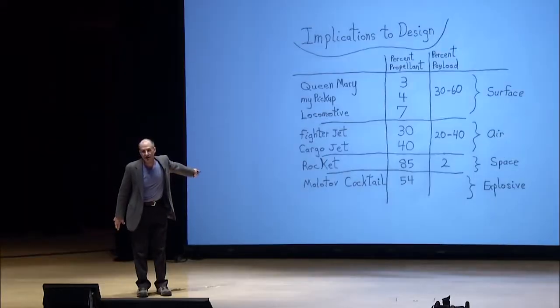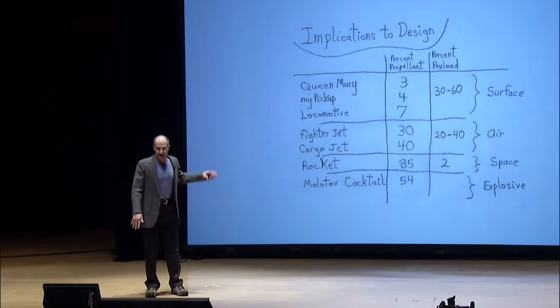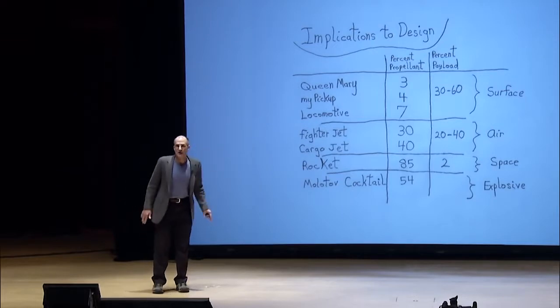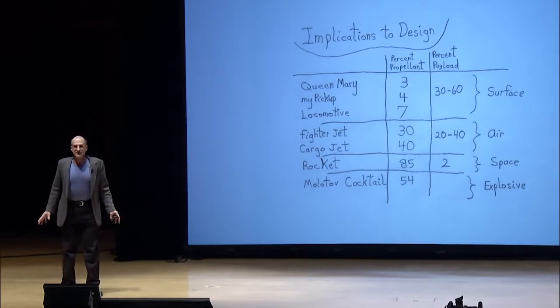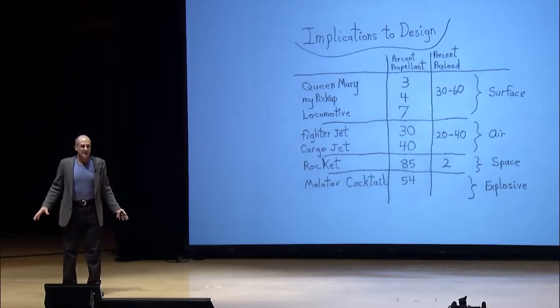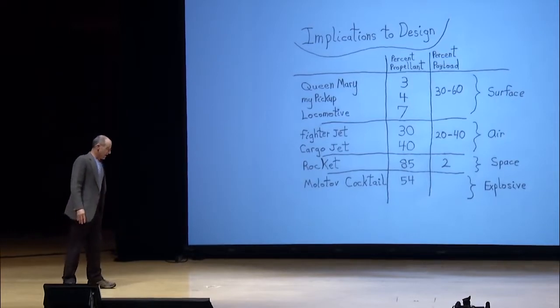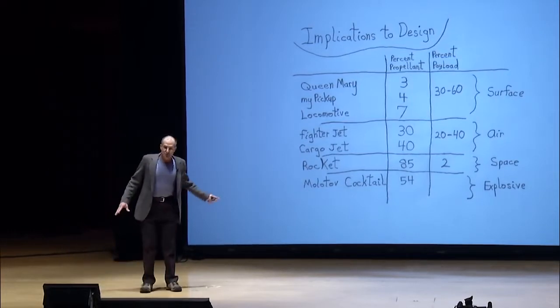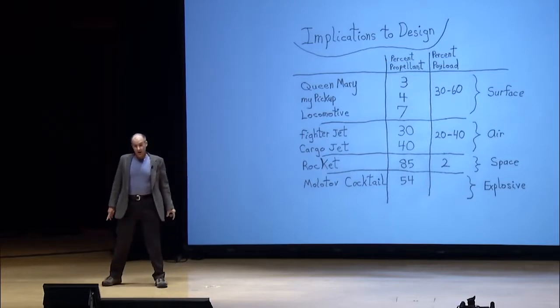Now, look at rockets. They're not even in that category. 85% propellant, 2% payload. Rockets are on the edge of our engineering ability to even make and also pay for. And I put in another category of devices.